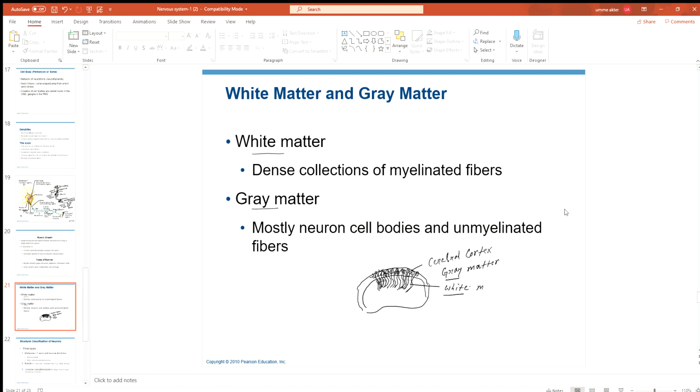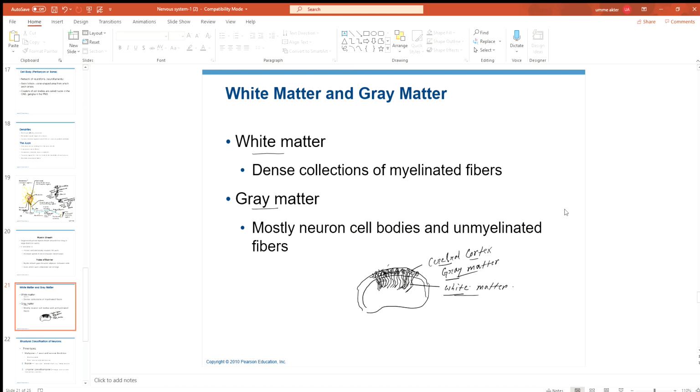So this is called the white matter. In the brain, the outer layer, which is the cerebral cortex, is gray matter, and the inner part looks white. If you cut the brain, you can clearly see the gray matter and white matter areas.